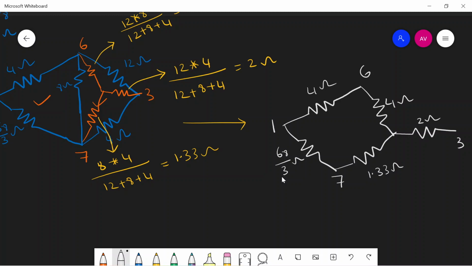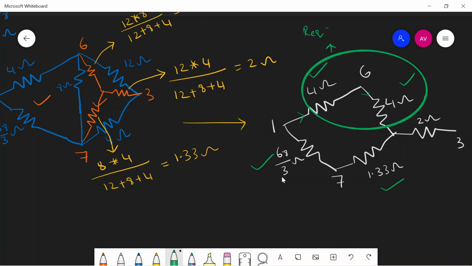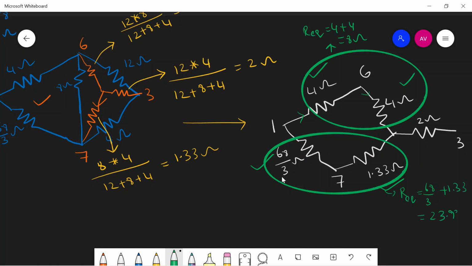Okay, next, from this figure you can see these two resistors are in series. Okay, the same current flows in these two resistors, and these two resistors are in series. Again we can write equivalent resistances for these as R equivalent equal to 4 plus 4, that equals 8 ohm, whereas here the equivalent resistance equals 68 by 3 plus 1.33, which is equal to 23.99 ohm.